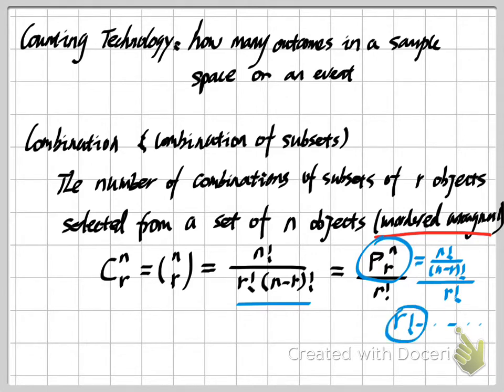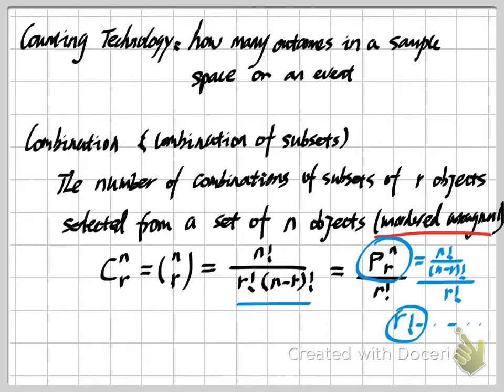So we want to remove this order from our total answer. That's why we divide by R factorial. This is similar to the answer we talked about for the permutation of similar objects. So the combination is actually a combination of the permutation and the permutation of similar objects. This explains how we can get this formula for the combination.